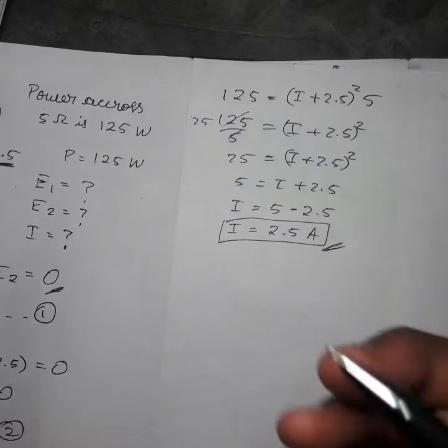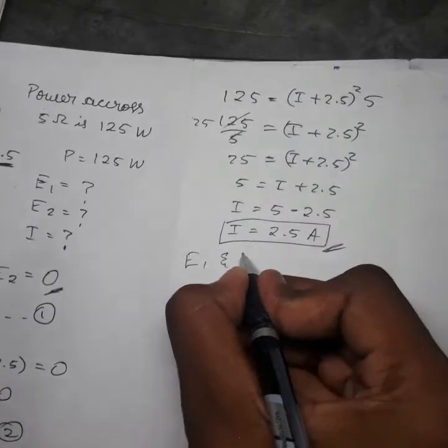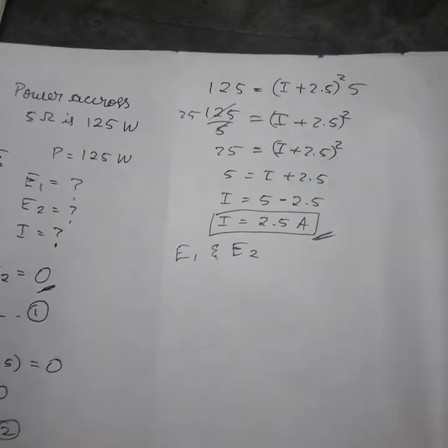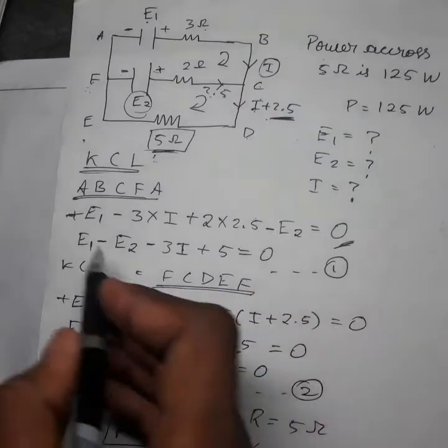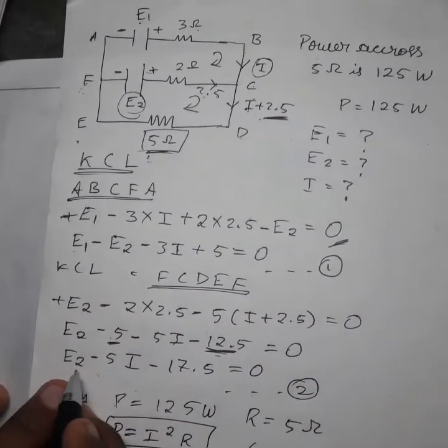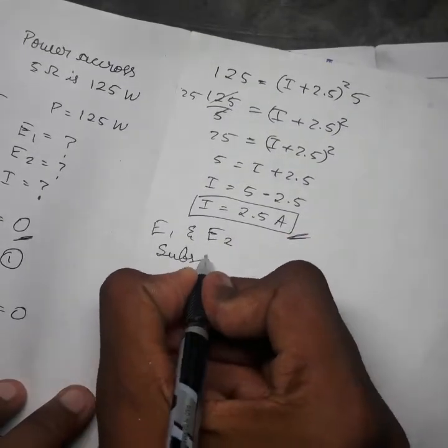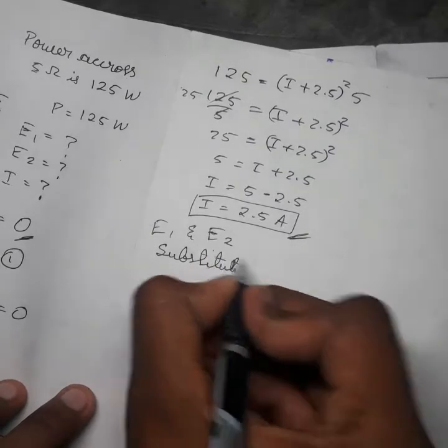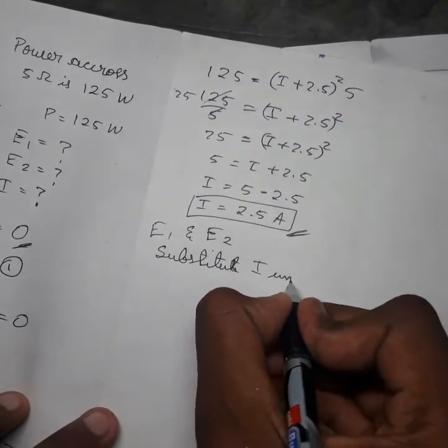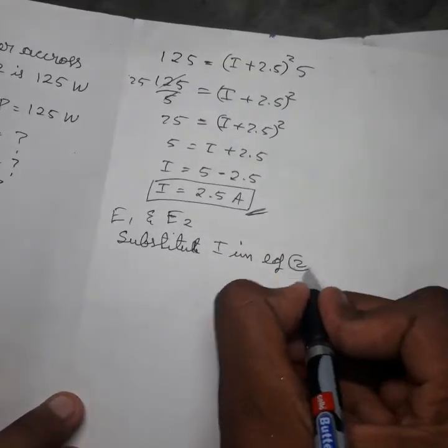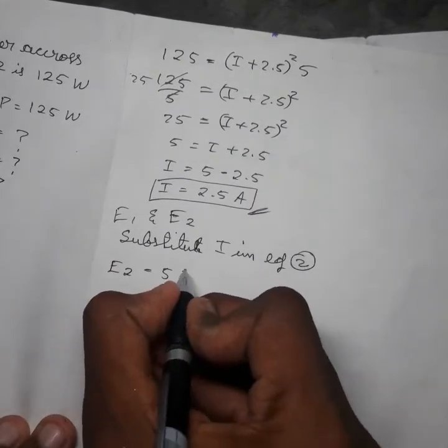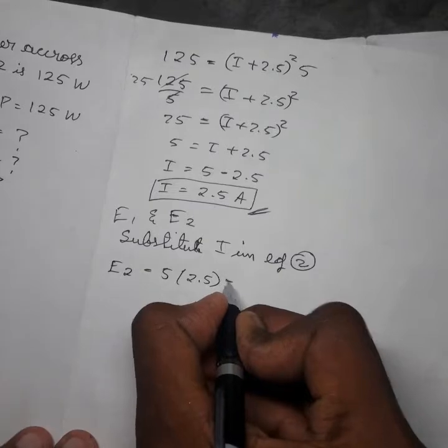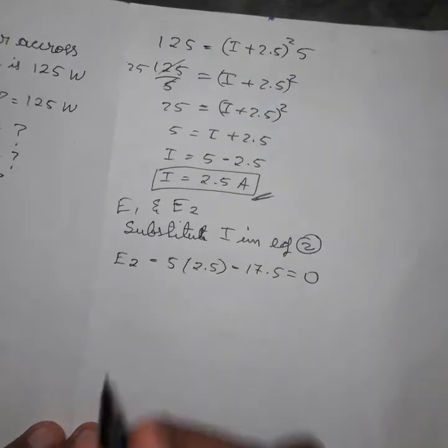And two more parameters are E1 and E2. Look at the obtained equations, equation 1 and equation 2. We can easily make out that here we have two unknowns and here only one unknown, that is E2. So we would go for equation 2, substitute I in equation 2, that is E2 minus 5 times the I value 2.5 minus 17.5 equals 0.